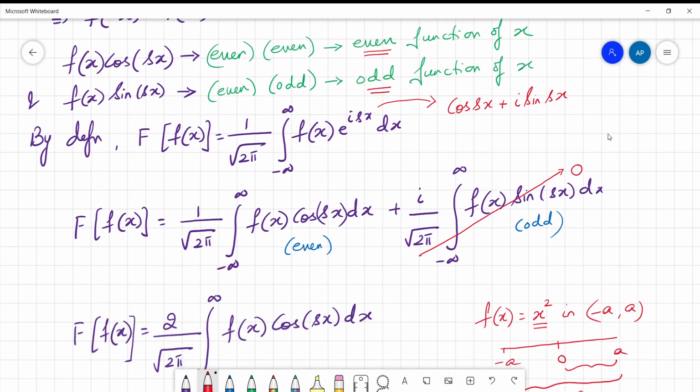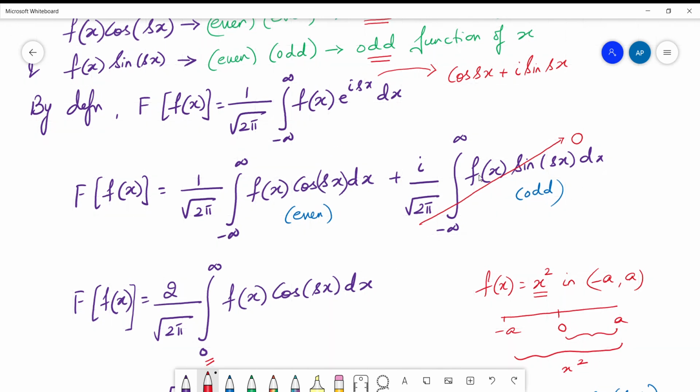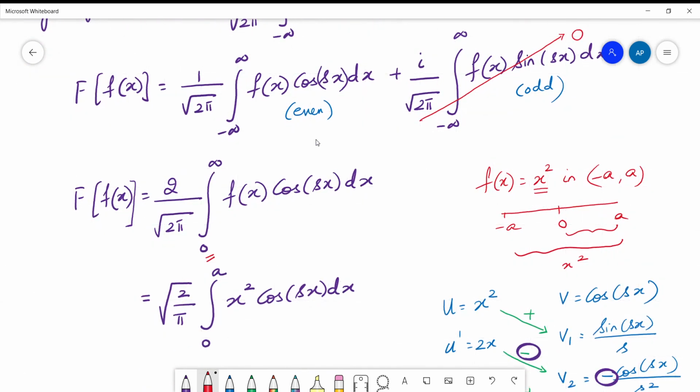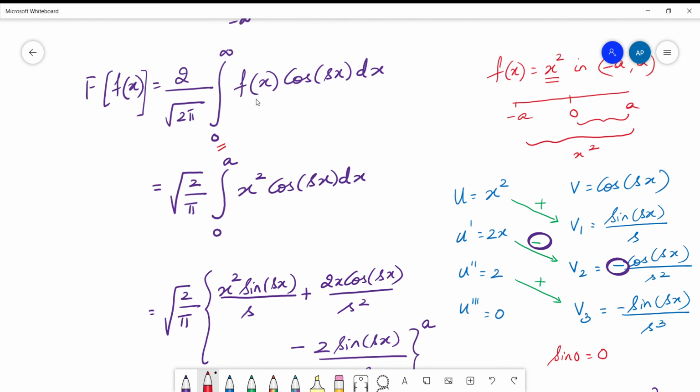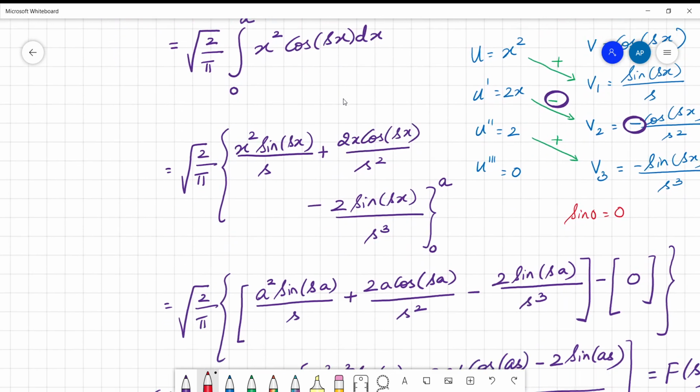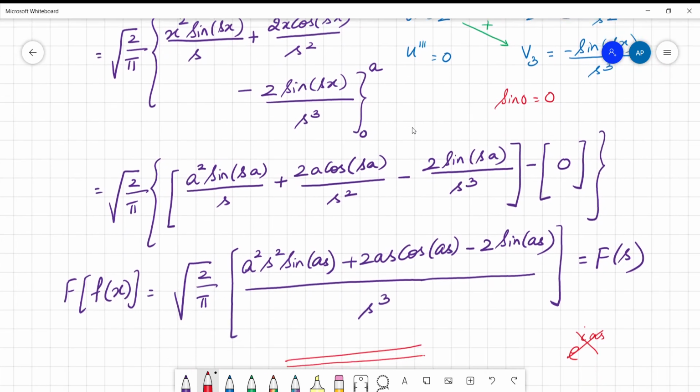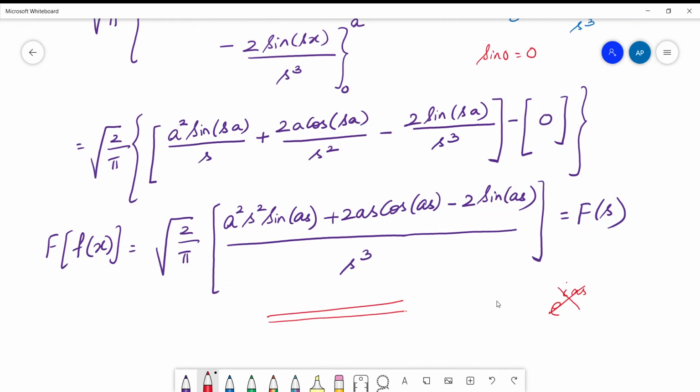Then we started with the definition, expanded e power isx, split it into two integrals. We removed the odd integral and retained the even integral. Rewrote that minus infinity to infinity as 2 times 0 to infinity, and only then substituted for f of x and the upper limit as given in the problem. Then performed the Bernoulli rule, simplified, and declared what is f of s, that is the Fourier transform of f of x.